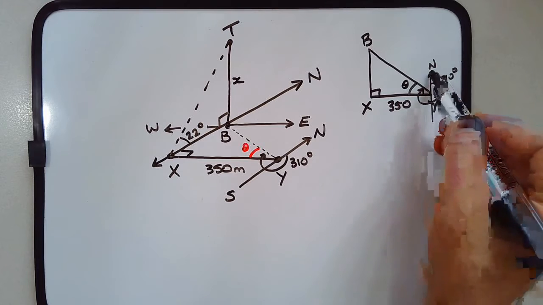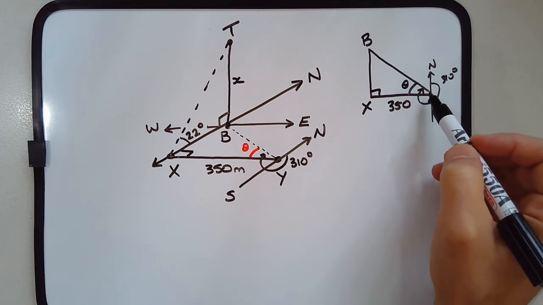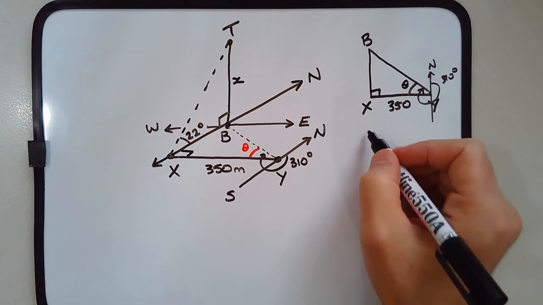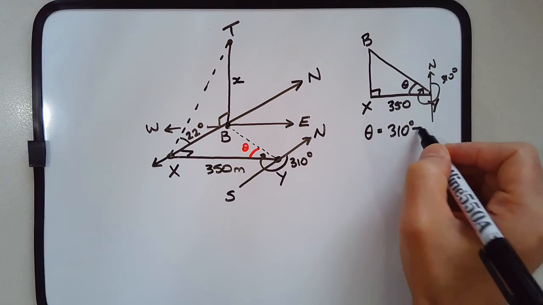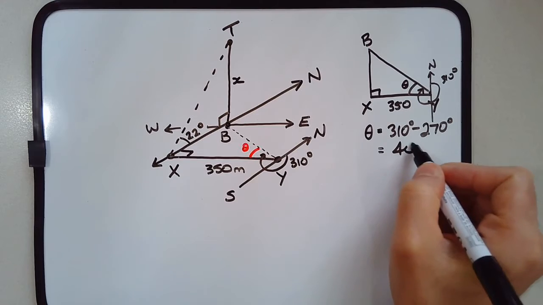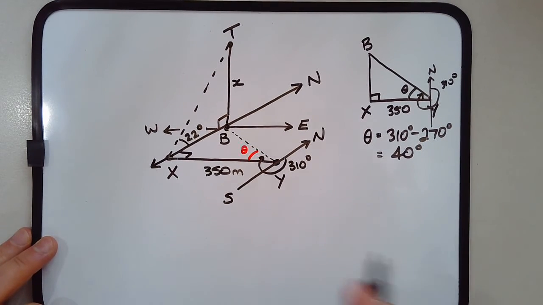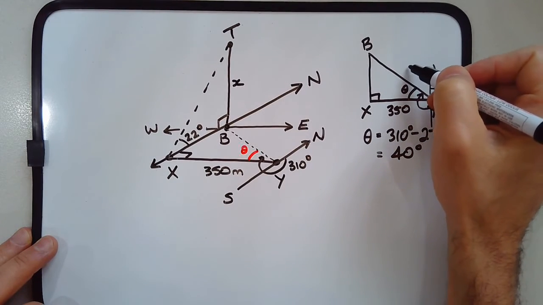North all the way to west is 270 degrees, and to go from 270 to 310, theta is equal to 310 minus 270. That'll give us 40 degrees. So we now have an angle inside the triangle. This is 40 degrees.